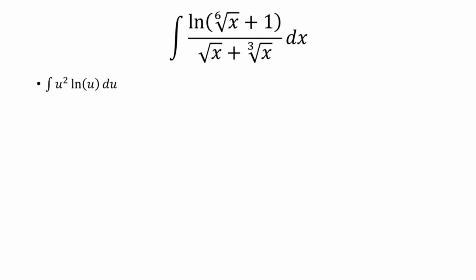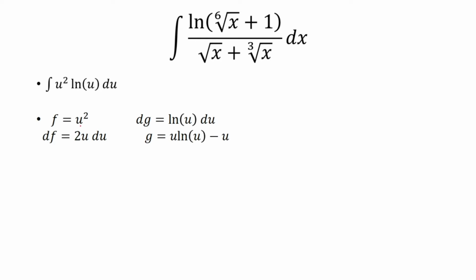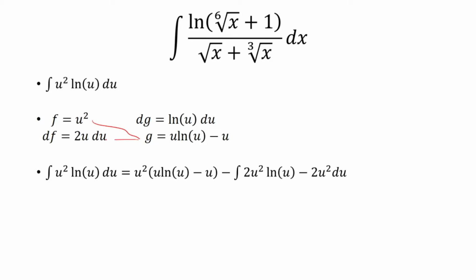Starting with u squared ln of u, we're going to let f be u squared. Then the derivative of f is 2u du. That leaves dg to be ln of u du, and then the antiderivative is that. Then you just multiply fg minus integral g df. I'm going to use a trick here. I'm still going to have the integral u squared ln of u du here, and then I'll have the rest over here.